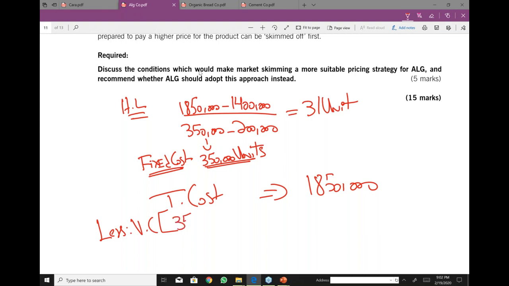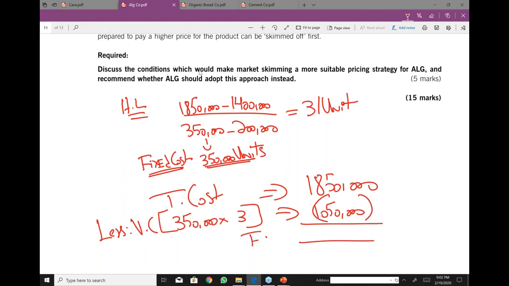So 350,000 into 3 makes how much? It is 1,050,000. And once you deduct, you get the fixed cost, and that fixed cost amounts to 800,000. So 800,000 is your fixed cost that you have worked out through the high-low method.